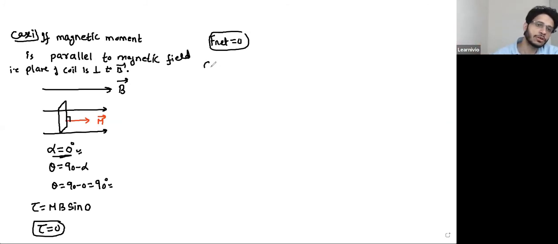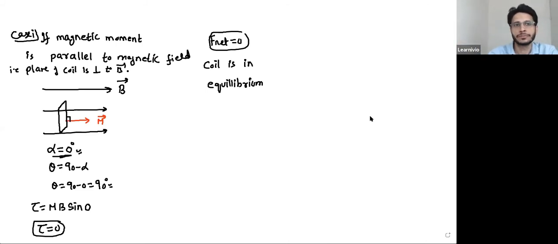You can say that your coil is in equilibrium. So net force on the coil is 0. That means your coil is in equilibrium. And we call this equilibrium as stable equilibrium.